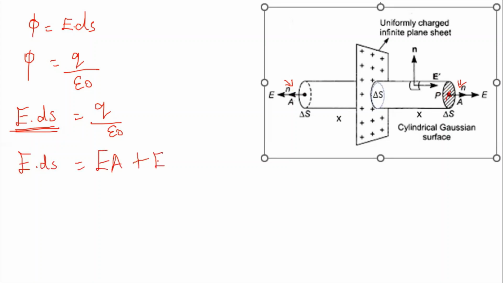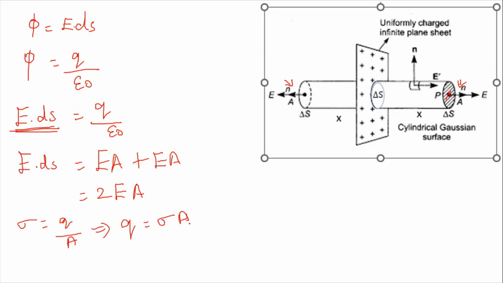What is this A? The area of the surface. The electric field will be uniform because the charge distribution is uniform. So electric field into area, 2 times, so it is 2EA. And due to continuous charge distribution, you know that sigma is equal to Q by A. So from this, Q will be equal to sigma A.